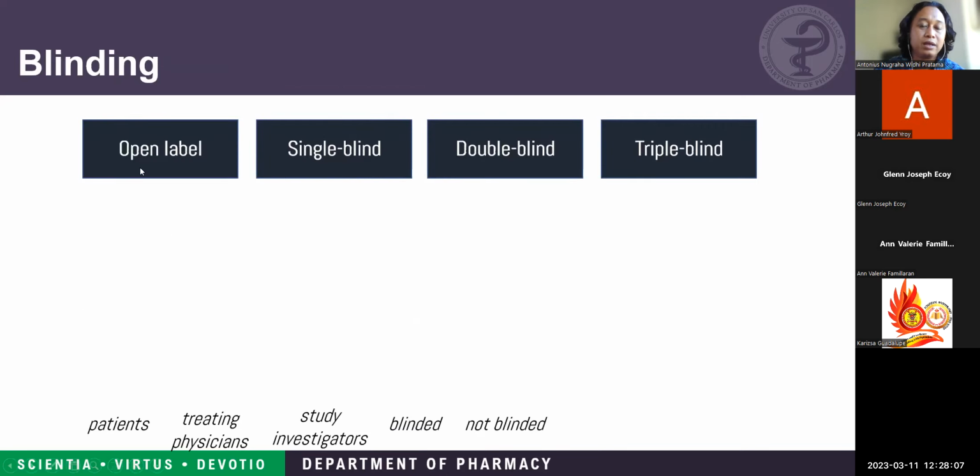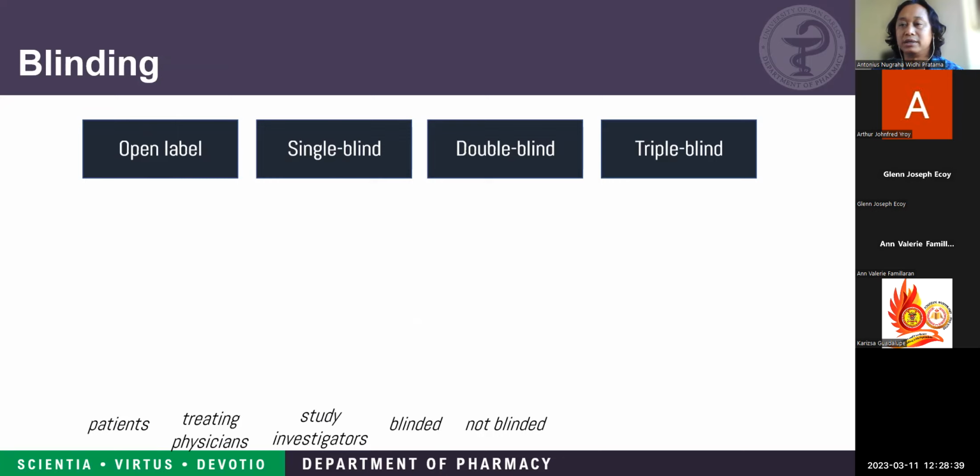So in the open label, all the patients, treating physicians, and study investigators know which patients are in the control and intervention group. In single blinding, the patients do not know whether they are allocated to control or intervention, but the treating physicians and study investigators understand where they belong.